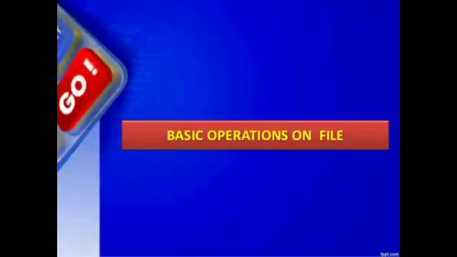Now we are going to study the basic operations on a file. Before working with a file, we want to open the file. First we open the file, and only then are we able to do any work on that particular file.